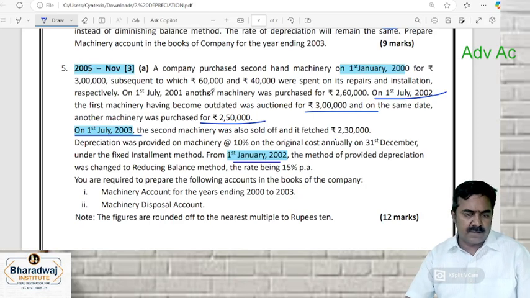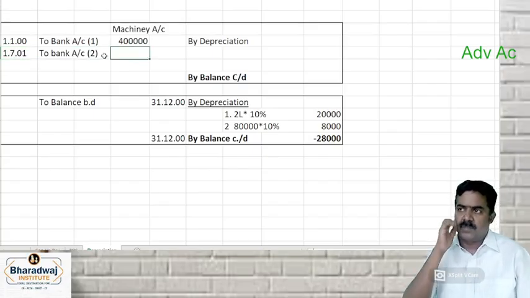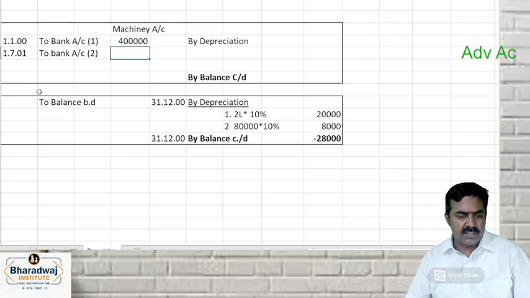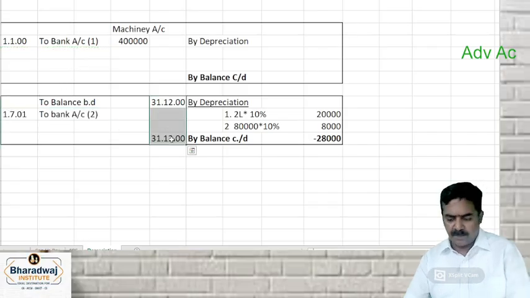Then next, 1st July we are purchasing another machine. Second machine was purchased for how much? 2,60,000. No, we purchased it next year. First year only one machine.